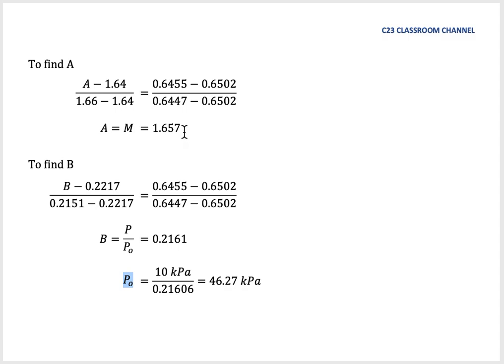We find that these answers are exactly the same as the previous solution. So you have two choices, whether you want to calculate by using the equation or you want to use the table to solve this problem.